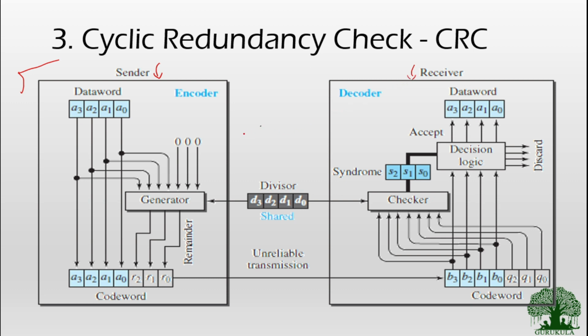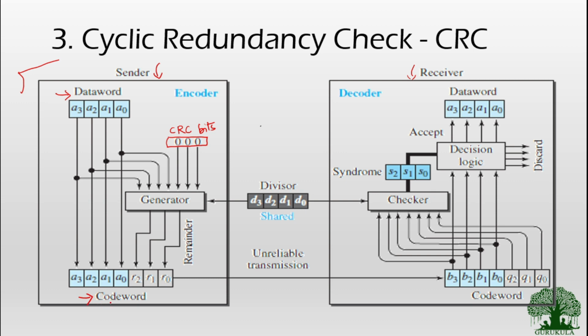To perform a cyclic redundancy check, you need a data word. The data word is the actual data you want to transmit from one point to another, and along with the data you add a few redundancy bits, which I am going to call CRC bits, so that you can process the CRC algorithm, and finally you will get a code word.